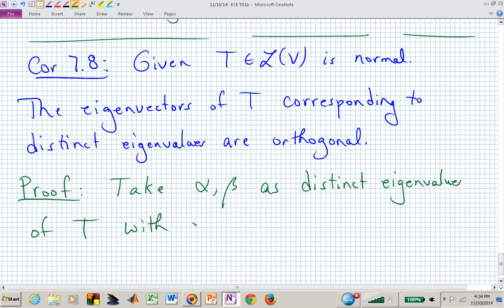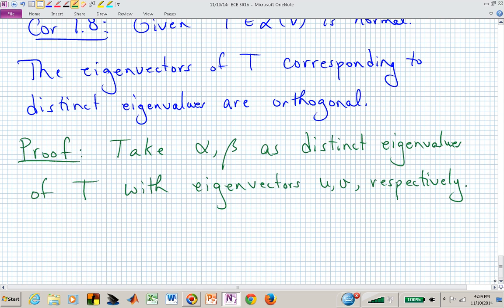So with eigenvectors u and v respectively. What's Tu?